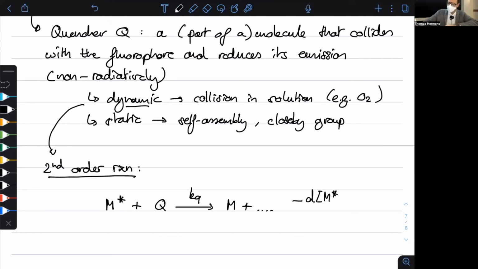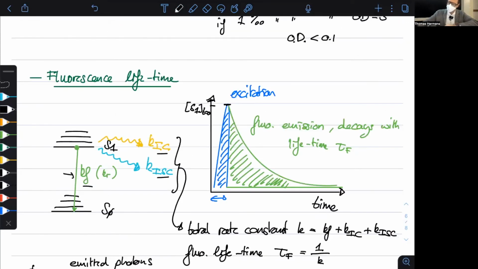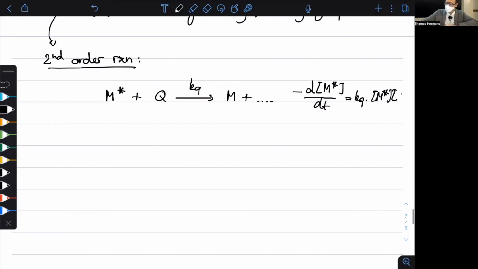So we can write again the rate equation will be kq times M star times Q. Okay, I just write it in concentrations.